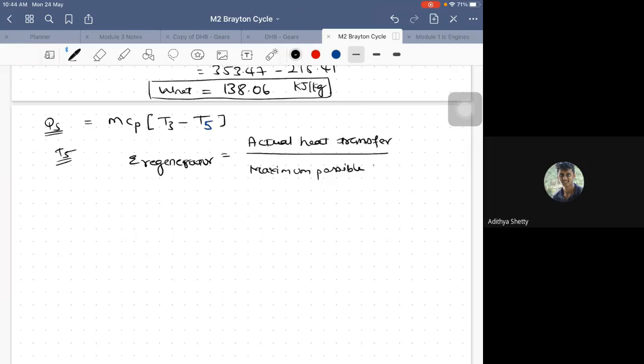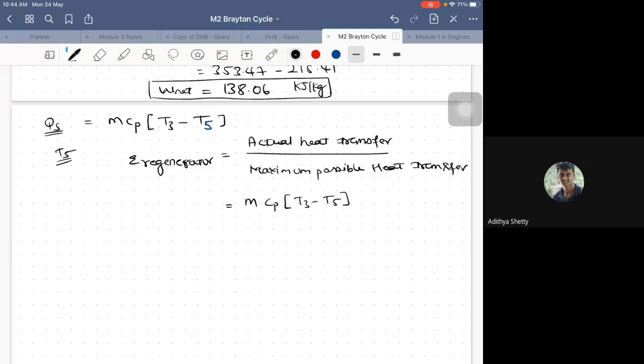The actual heat transfer which is happening is T3 minus T5.